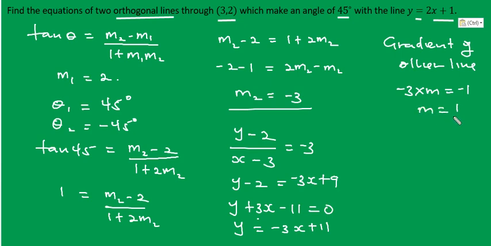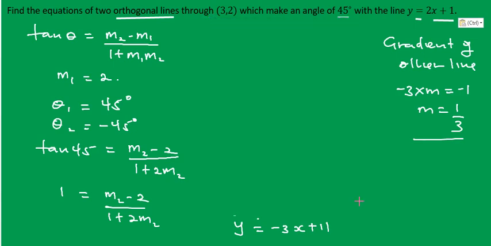So the gradient will be a third. Let me clear this space here. Already I have this line. Now I need the second line.